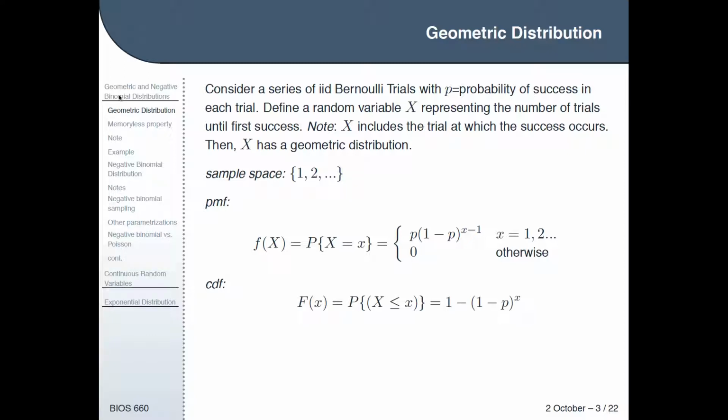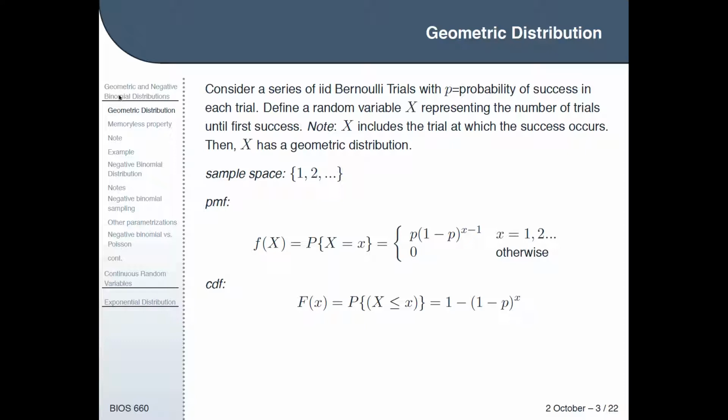And the cumulative distribution function, also fairly easy to calculate, is just 1 minus (1 minus p) to the x power. This is the same sort of logic that we used with the birthday problem, if you remember back a couple weeks. The easiest way to calculate this CDF is to consider the alternative that it takes more than x tries to get your first success.